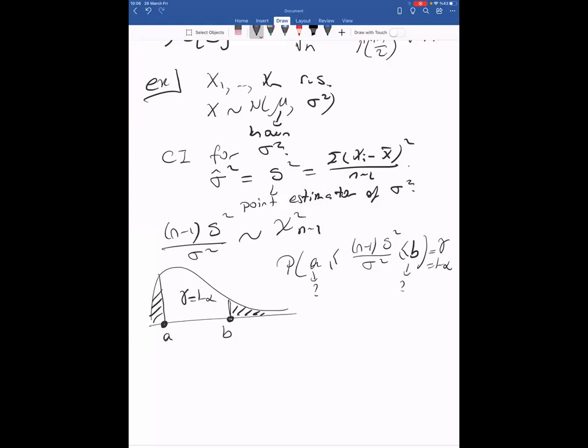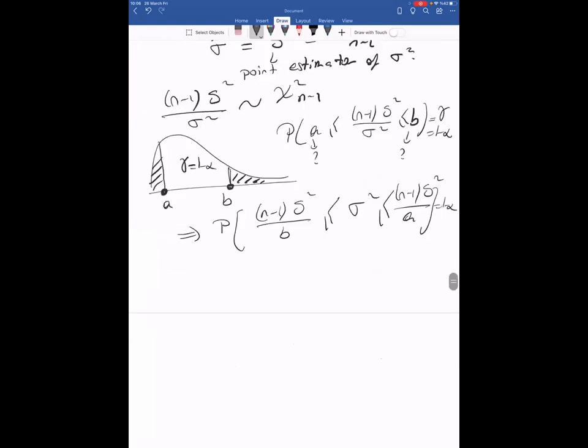If we know these, we can generate an interval: n minus 1 S squared divided by B, sigma squared, and n minus 1 S squared over A, and this probability is 1 minus alpha.